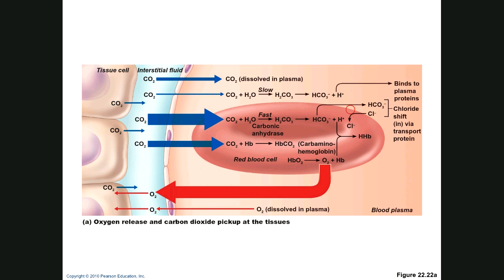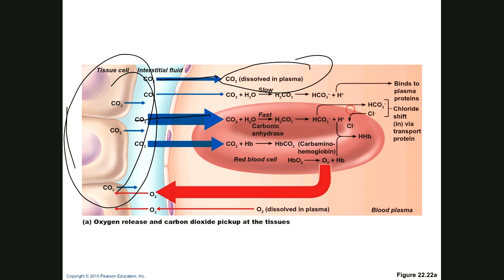Okay, so this is what's going to happen to CO2. This is tissue. So CO2 goes into the blood, and about 7% of it is going to dissolve in plasma and begin to travel as plasma. About 20% of it is going to go into the red blood cell, bind to the hemoglobin, and just travel bound to hemoglobin.